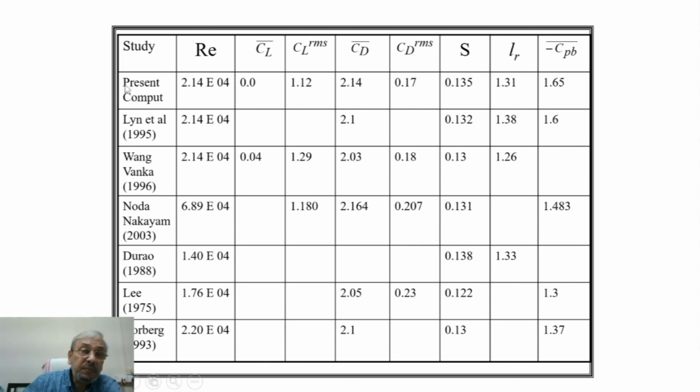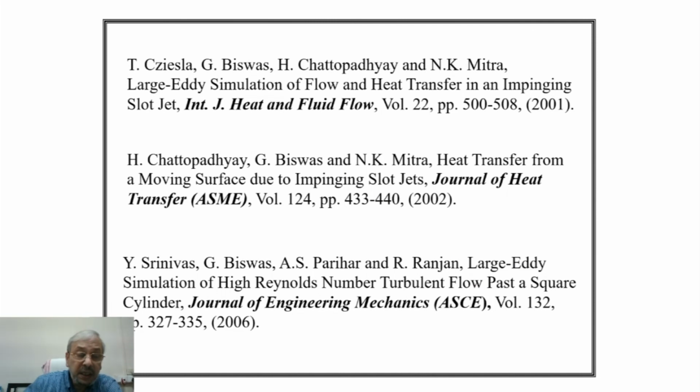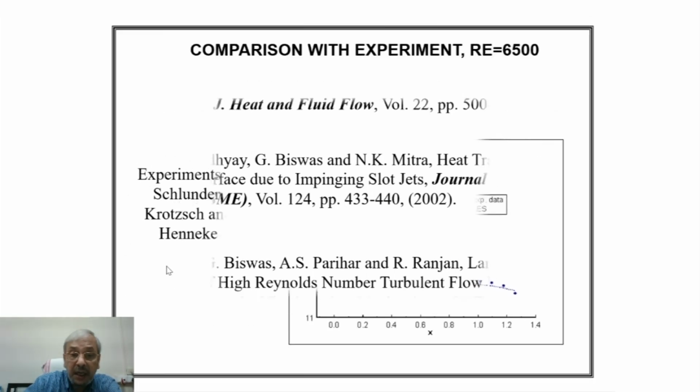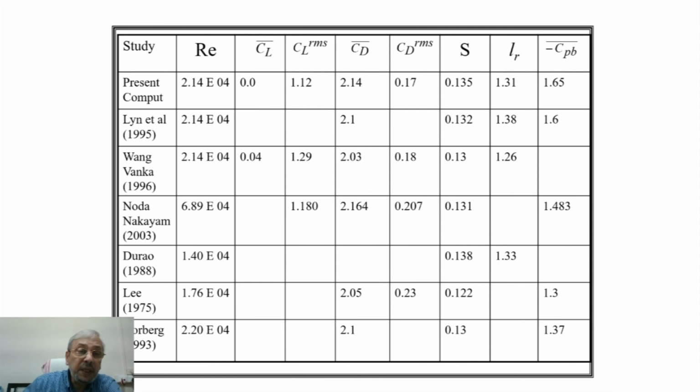You can see present computation means this paper which I referred to earlier. Lead author is Y. Srinivas, and there we compared with different experiments conducted by different groups across the world.